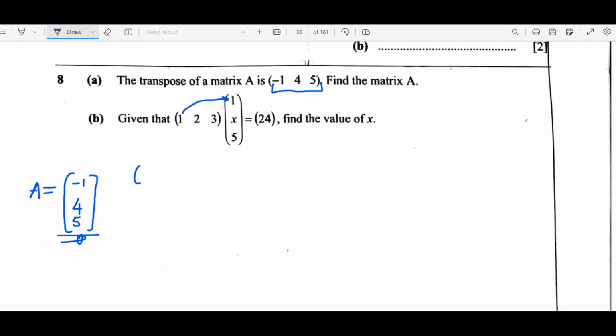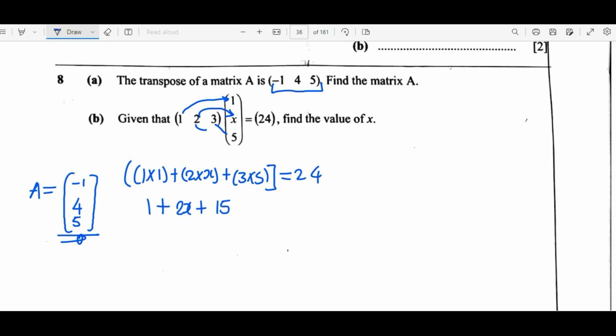So this will give us 1 times 1 plus these 2 will multiply with x. So it will be 2 times x plus these 3 will multiply with 5 is equal to 24. So 1 times 1 is 1 plus 2 times x, 2x, 3 times 5 will give us 15.